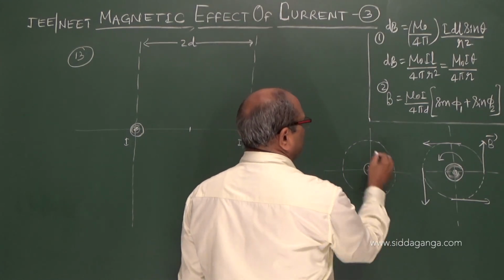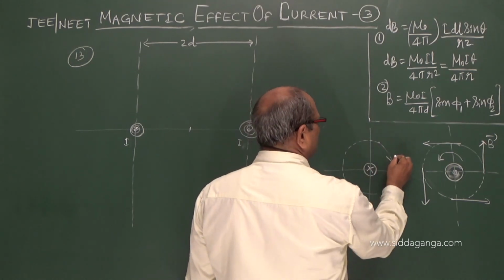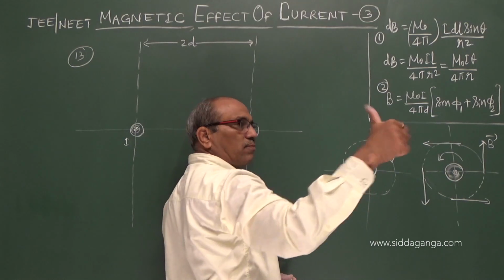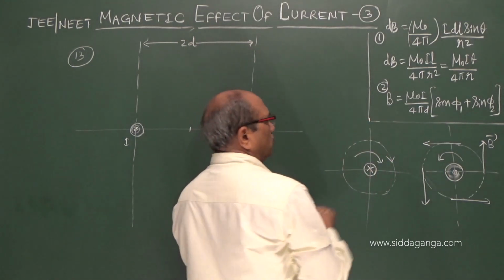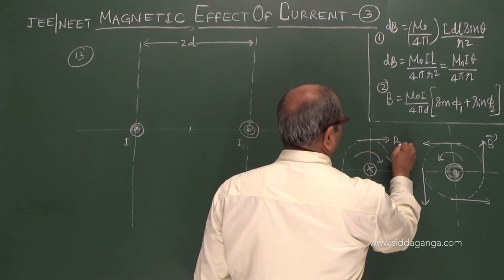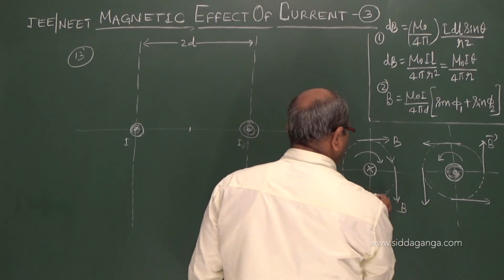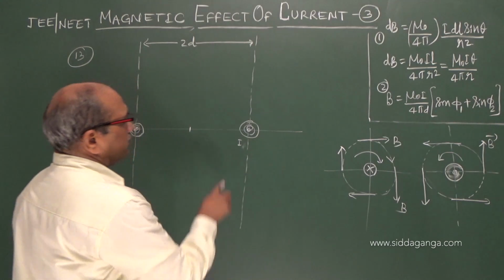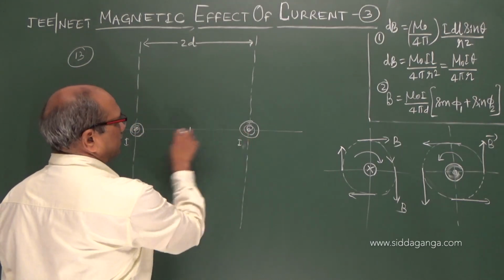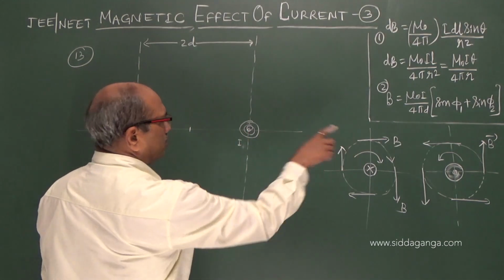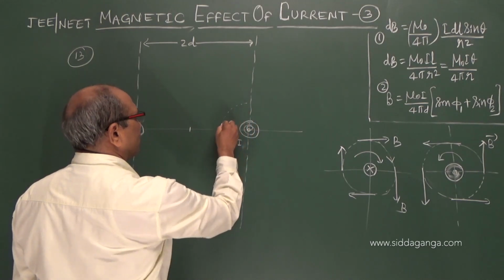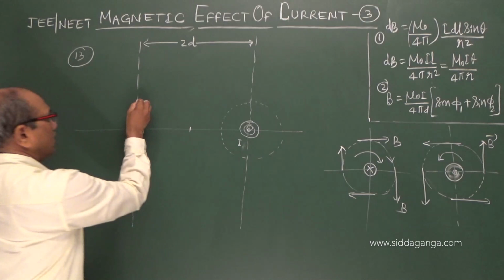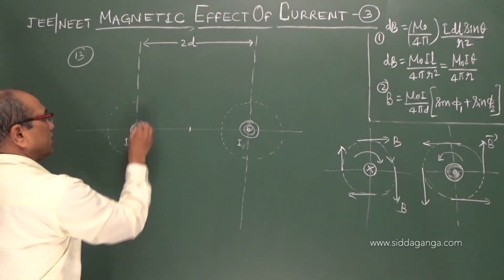Immediately with the help of this we can assess, because it is clockwise, the field is into the board, by the right hand clasp rule. Here both fields are in the same direction. If you think, you can draw it easily, and the nature of the curve can be obtained directly from it.